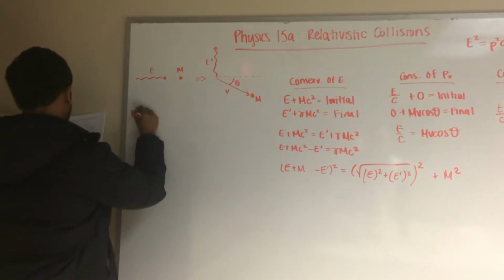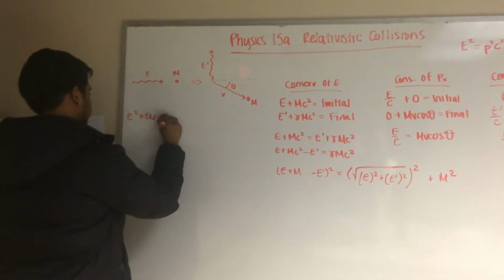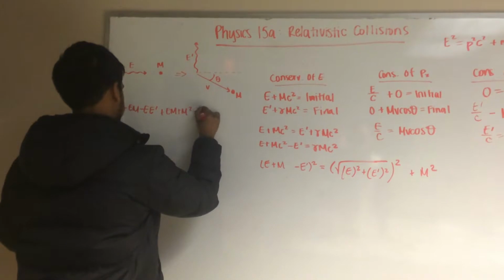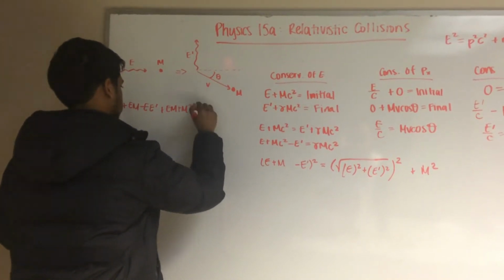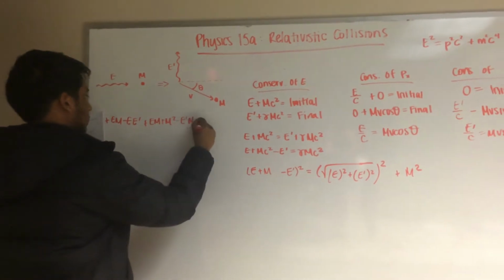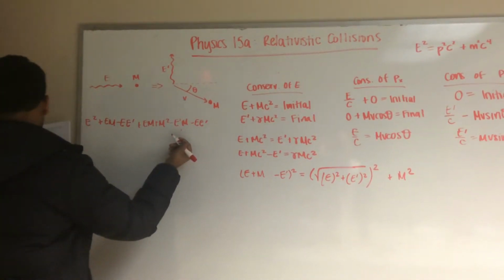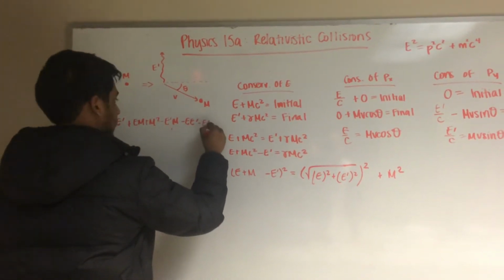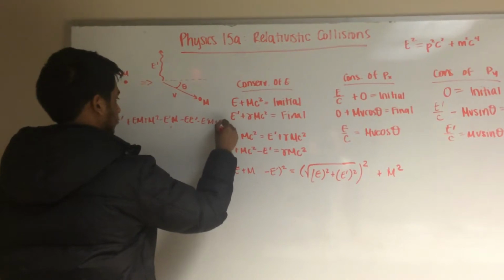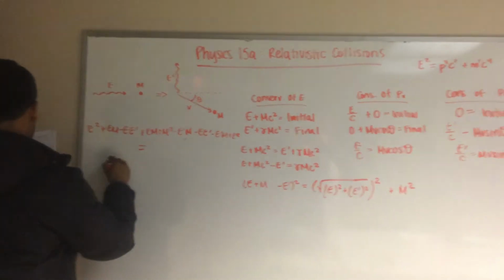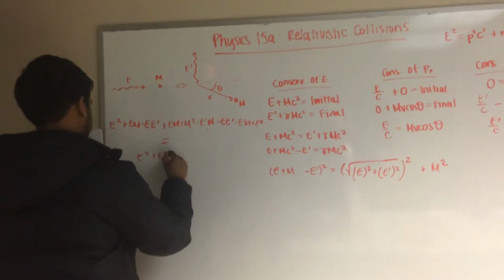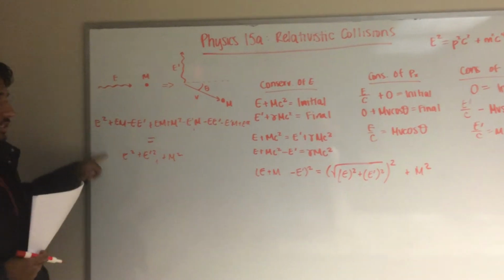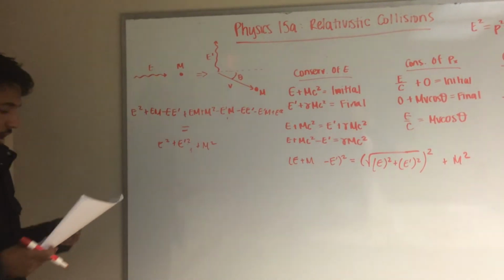You have E squared plus EM minus E prime plus EM plus M squared minus E prime M minus E prime minus E prime M plus E prime squared. And this will be equal to E squared plus E prime squared plus M squared. I know this is a little sloppy, but just stick with it. That is a long foil.